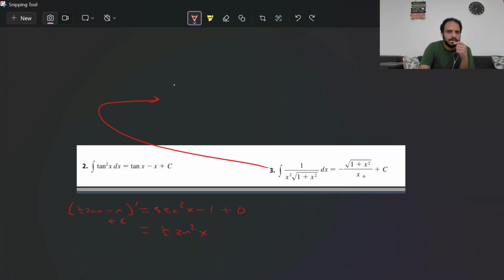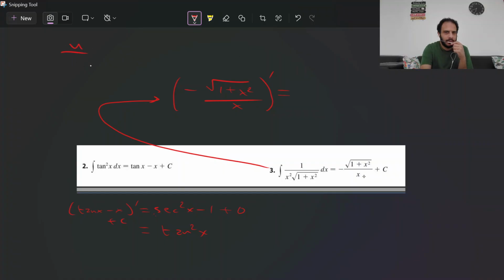So do I first do substitution? No need for substitution. We are doing the square root of 1 plus x squared over x, prime. Do you know how to differentiate this? You differentiate it by the quotient rule, right? I will remind you, the quotient rule.